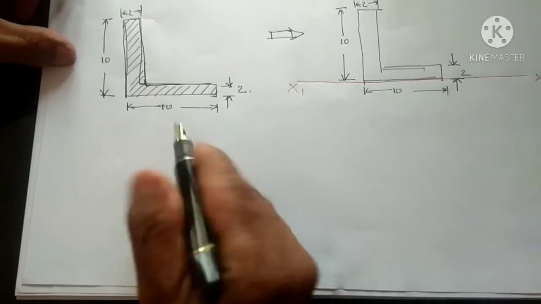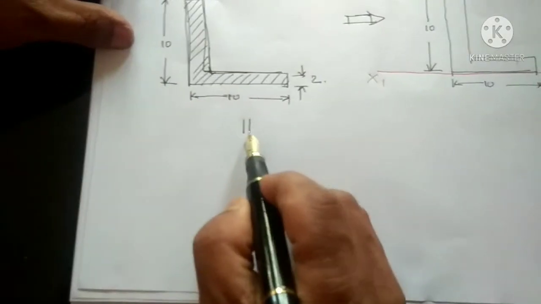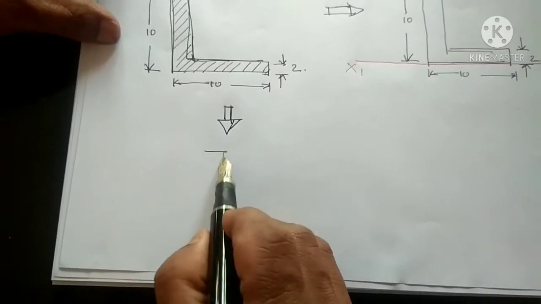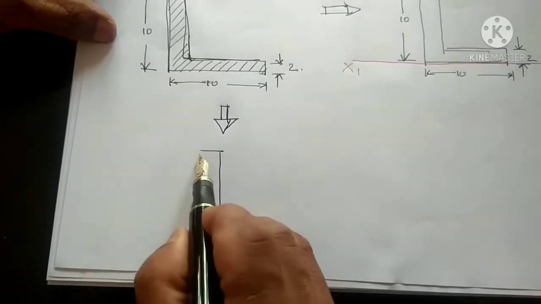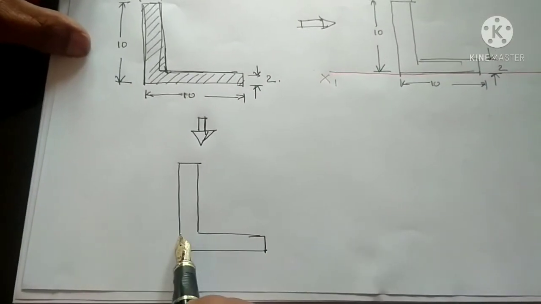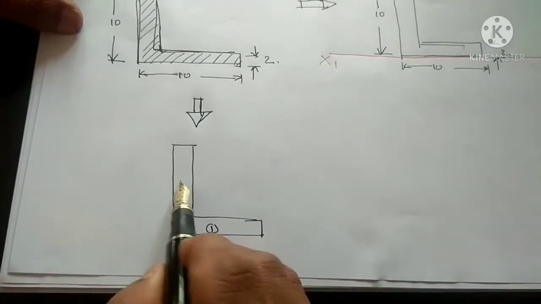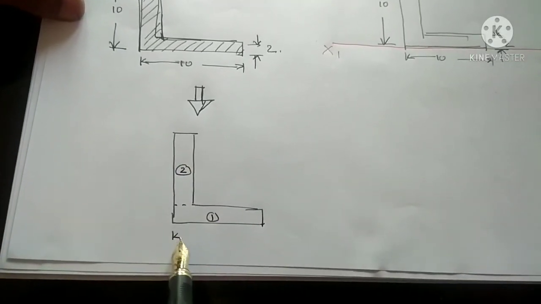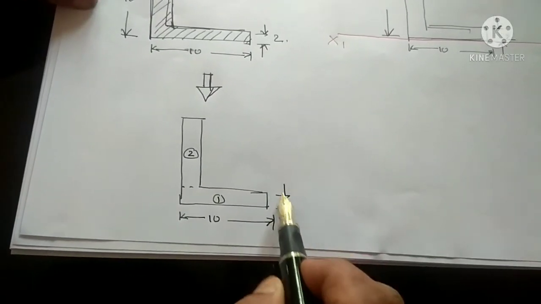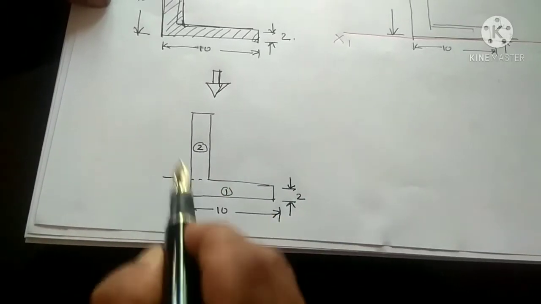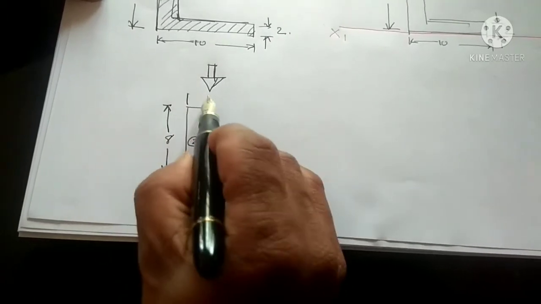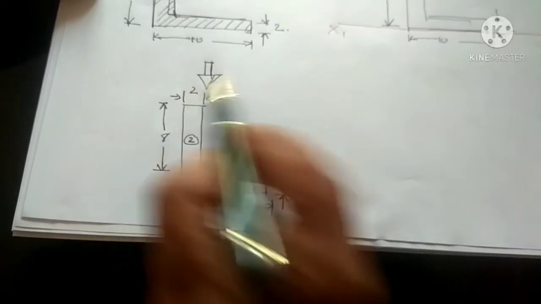Next step is we have to divide this composite area into two sections. So this is our composite area, I am dividing into two. This is number 1 and this is number 2. After dividing, the dimensions for this one are 10 and 2, and for this one are 8 and 2.